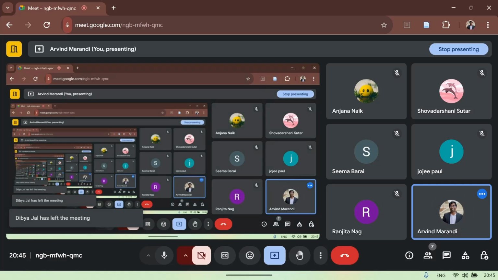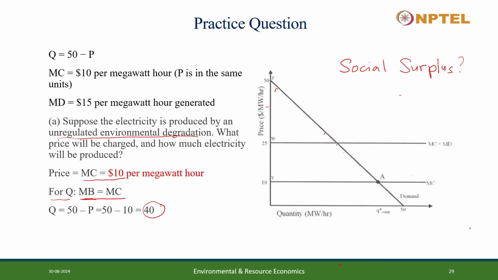Seema, what will be the value of social surplus? I told that area AYZ is my consumer surplus. Now, what will be my social surplus?